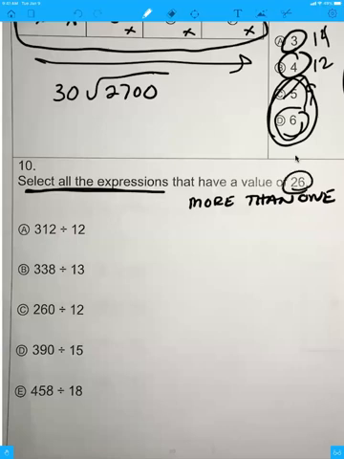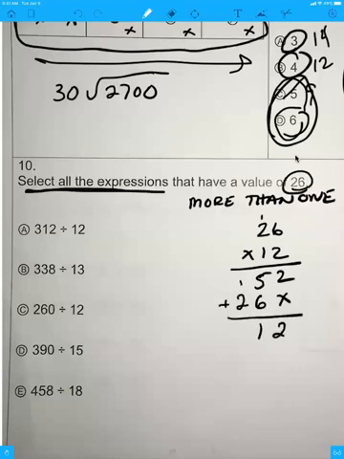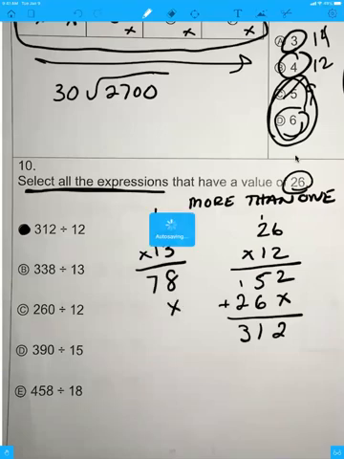So I would just go over here and I would go 26 times 12 equals 2 times 6 is 12, 5, placeholder, 6, 2, add it up, 312. A would work, right? 26 times 13, 6 times 6, 36, carry the 3, 3 and 2, 7, placeholder, 26, add it up.